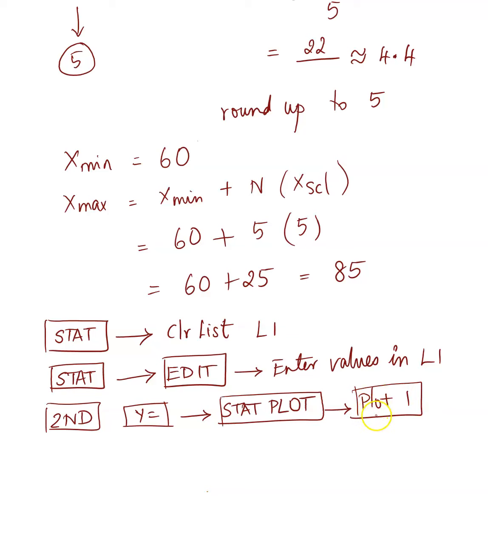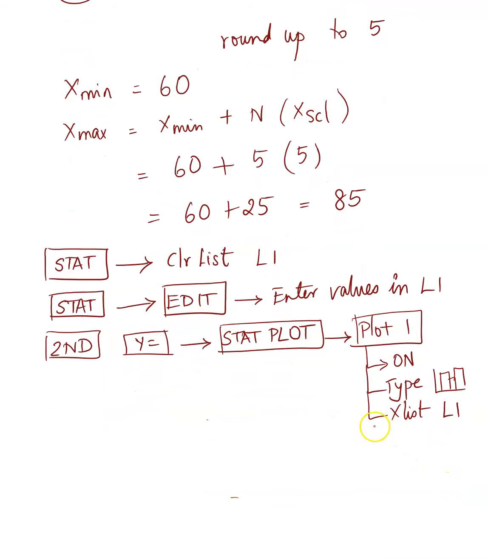If you did, then go to plot 1, turn it on, and then select the type, the one with the histogram bars. And then your X list will be L1, and your frequency is already set to be 1, so we're good there.